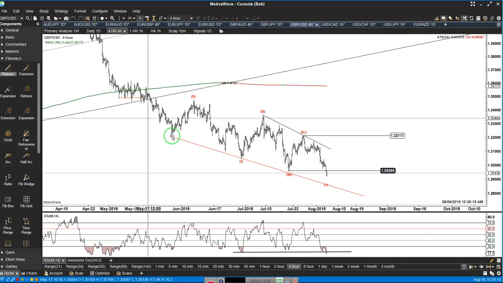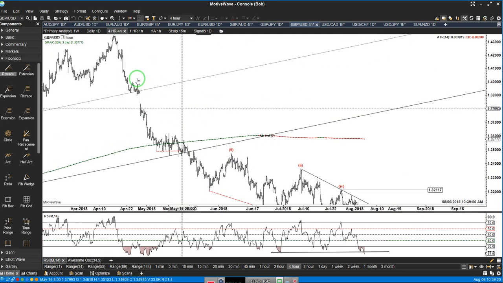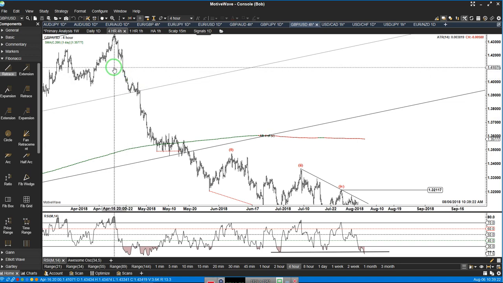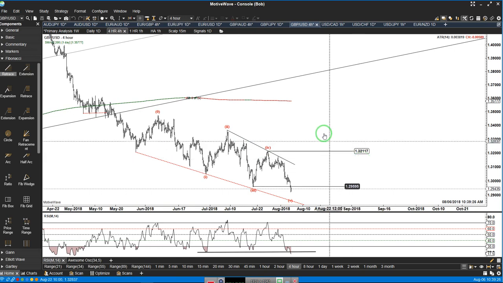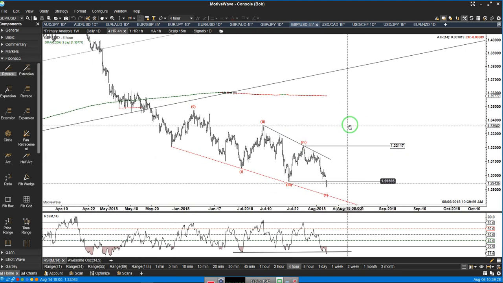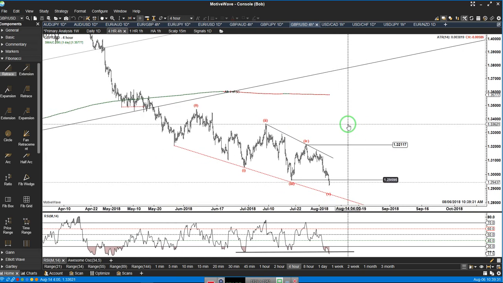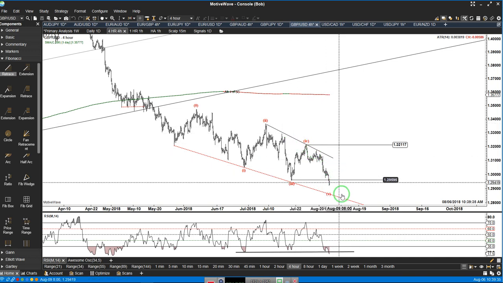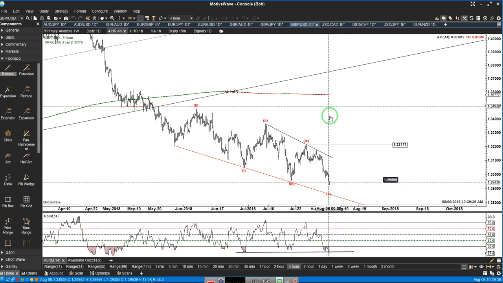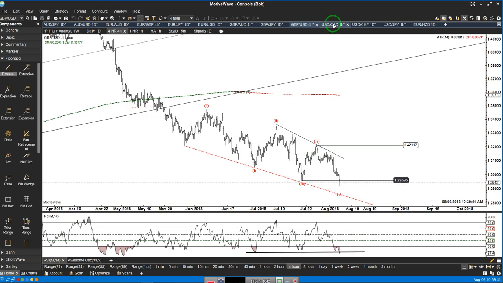It hasn't made a higher high since back in April, and until it does, we need to continue to look lower, and right now 32.11 is the line in the sand. I do believe we got 1, 2, 3. We're going to see a 4 to 5 yet at least before we get any type of bigger bounce here.